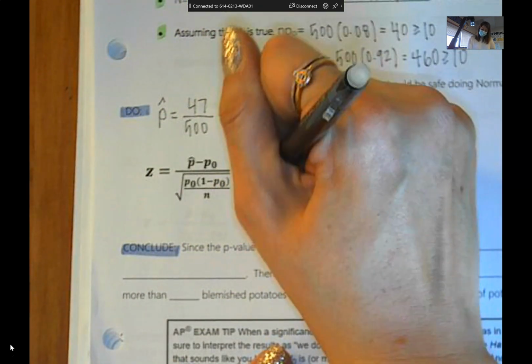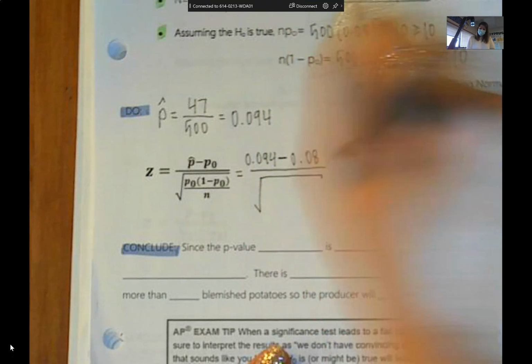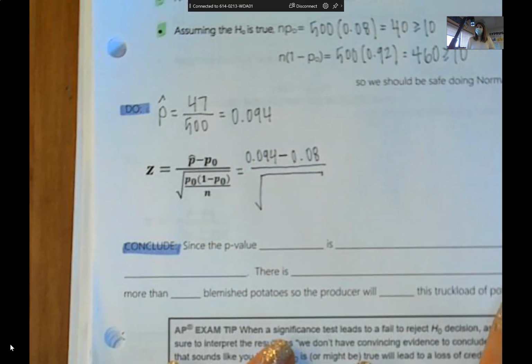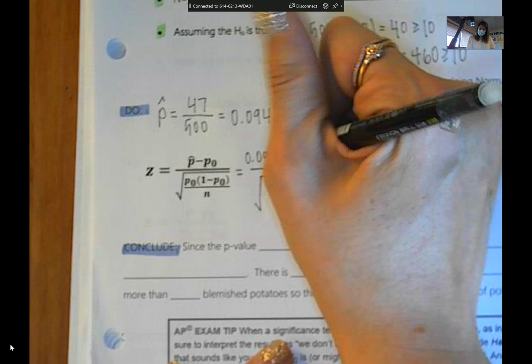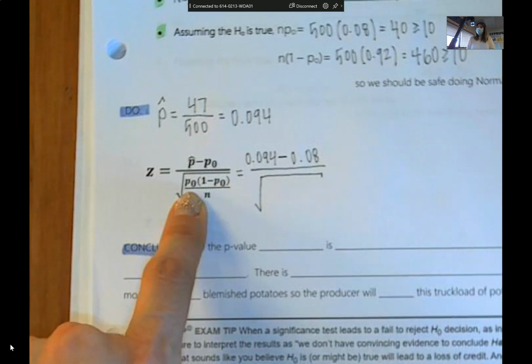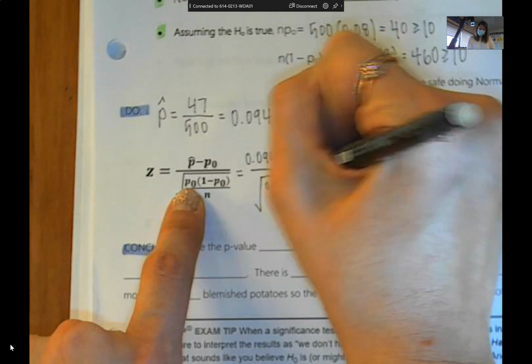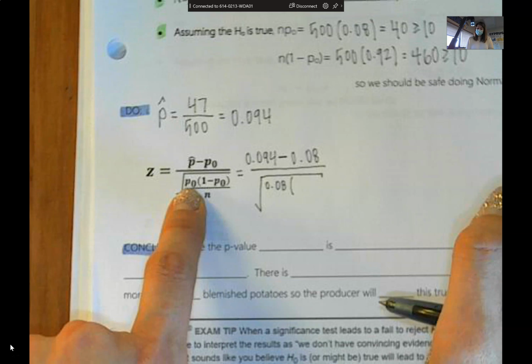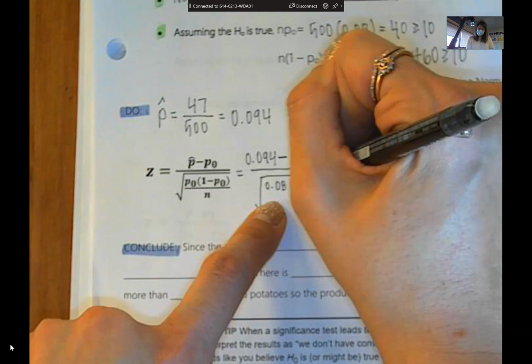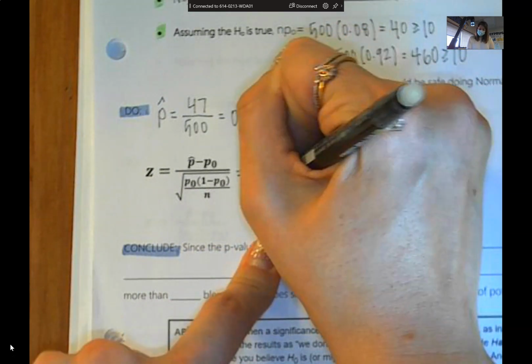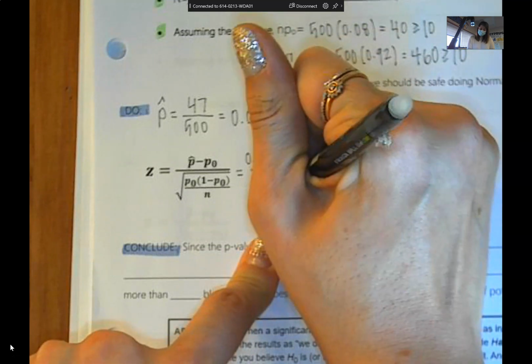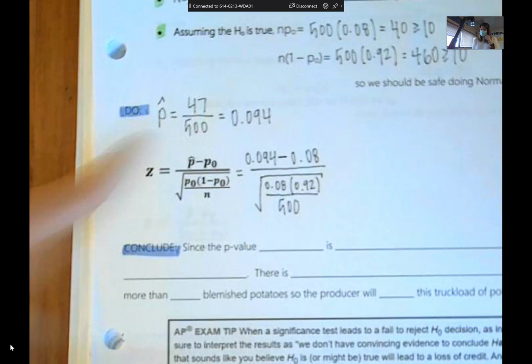We're going to divide that by the big old root. So we remember we use our null value for P. So we're doing 8% times 92% divided by our sample size of 500.